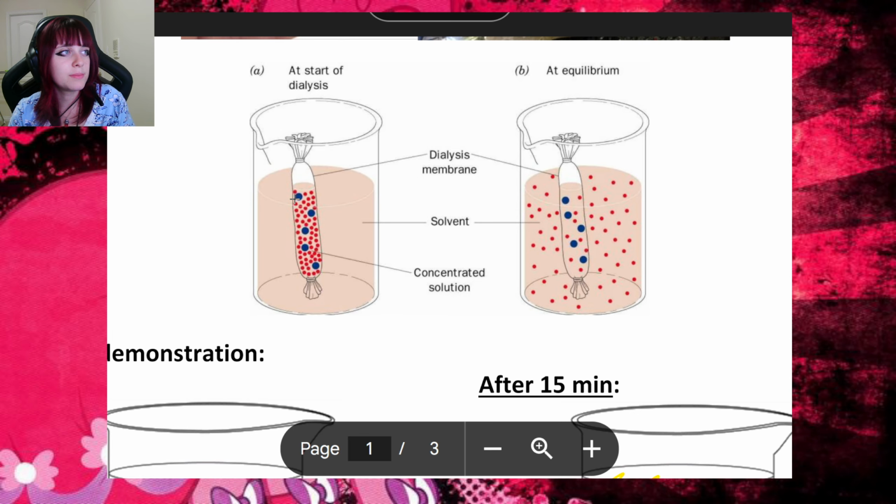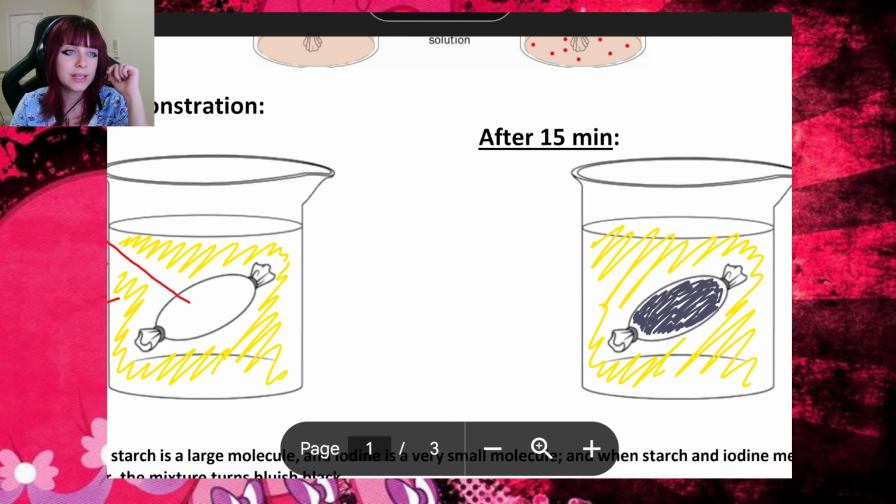So we notice these are blue, these are red. Blue is bigger than red. So blue just stays inside of the dialysis tube. It does not leave, but the red does go out until it is at equilibrium and has distributed itself in equal amounts across the dialysis tube and the solvent itself. At the beginning, there's a concentrated solution, but now it's a diluted solution, or at equilibrium.